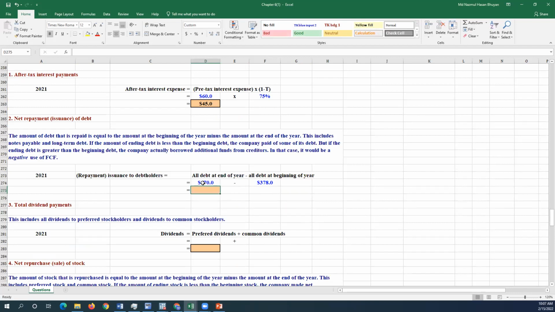You can see here the value of the debt accounts actually increased from the year 2020 to 2021. So the company received money here.